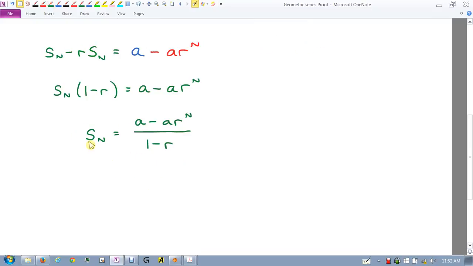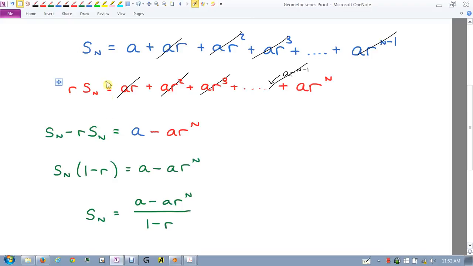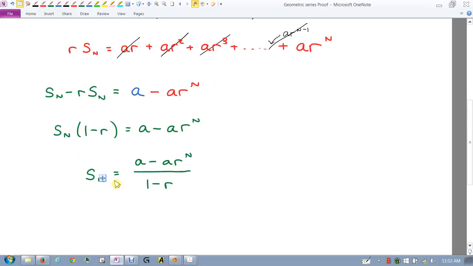And look at this formula for s sub n now. Remember, the formula we had before for s sub n was a bunch of things added up until I got to this last one, right? So if I let n get bigger, it added more junk to this. Compare that to this equation, which represents the same sum.